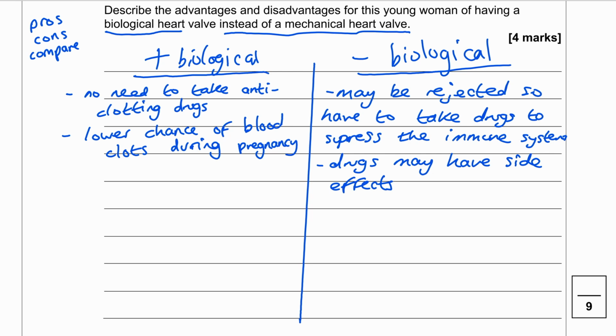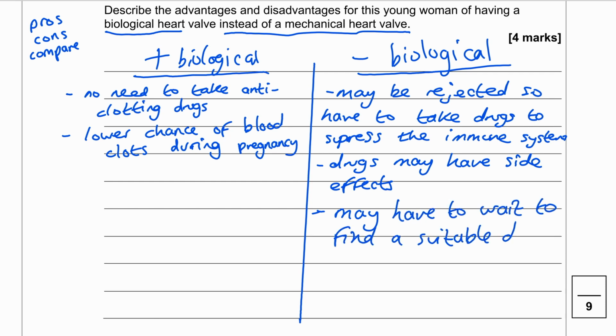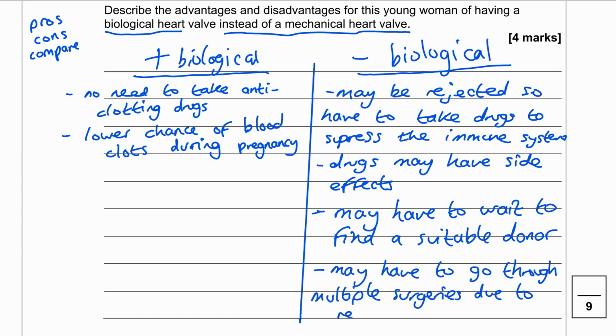You may have to wait for a suitable donor because they're not always going to be available. And the last point that it was talking about, may need replacement. So that would mean that you'd have to go through multiple operations, multiple surgeries to replace the faulty valve when it's time. And of course, we did say that any time that there is some sort of operation, there is an increased chance of blood clots forming.